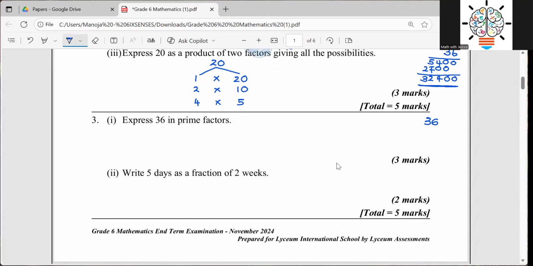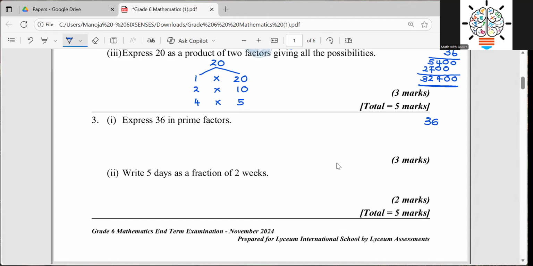Only by 1 and itself. So what are the prime numbers we do have? 2, 3, 5, 7, 11, 13, 17, 19, and it's going on. Okay, 1 is not a prime number, and 2 is the only even number in the prime number list, right? So these are the things you should know when it comes to the prime numbers.